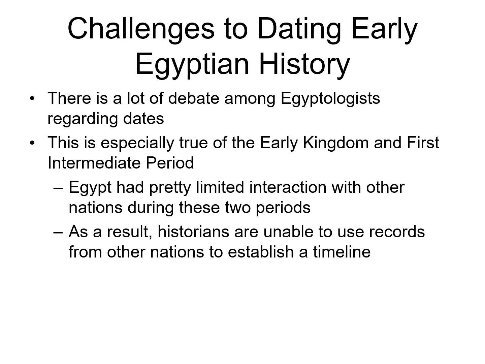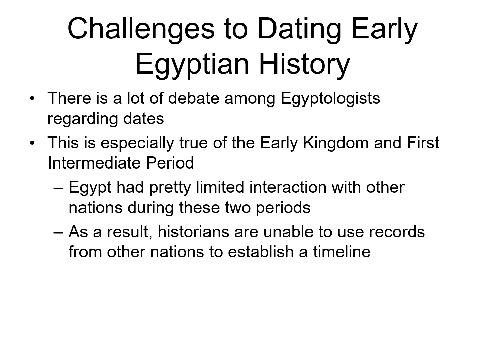There are a few major challenges to establishing a timeline with early Egyptian history, and it's a matter of debate among Egyptologists regarding dates. There are multiple timelines that you have to work your way through. One of the reasons for this is that timelines for nations are often established by comparing them to their contemporaries, the nations that surround them geographically.